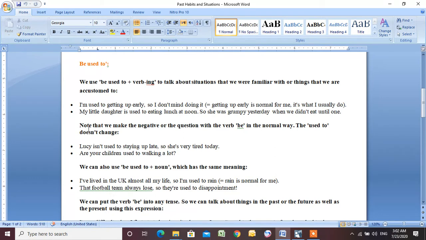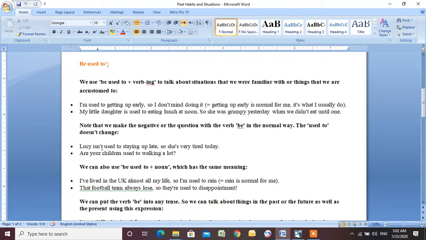Okay. Now, we make the negative or the question with the verb be in the normal way. The used to doesn't change. So when we want to form the negative, we just put not with verb to be, and we leave used to the same with no change.